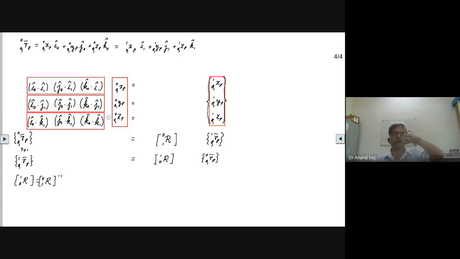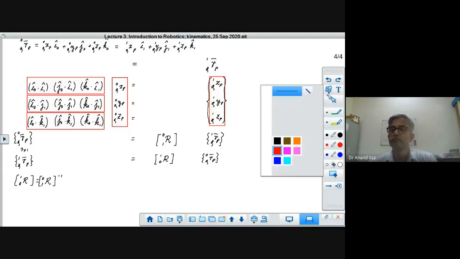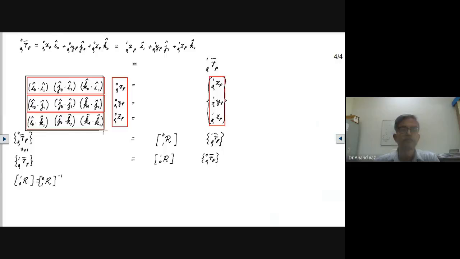Okay, so now what we have got is the position of the vector P with respect to Q expressed in the frame 1, and this is equal to this entire matrix operating on this vector.